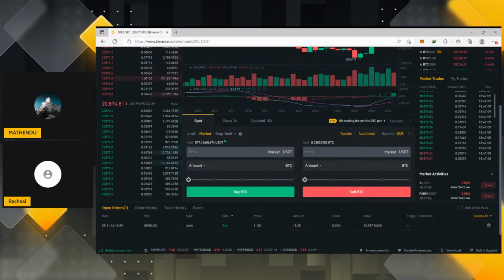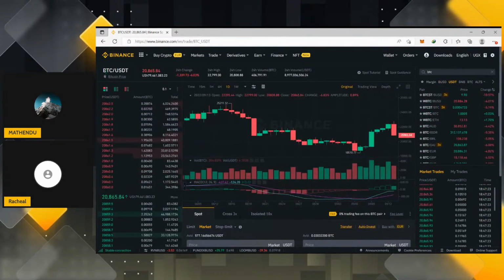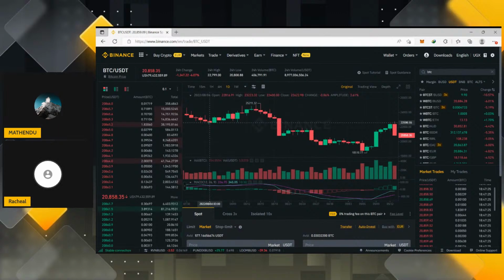A market order. You saw how we did a market order in the convert option. So it's similar here. Remember our trade pair is BTC against USDT.